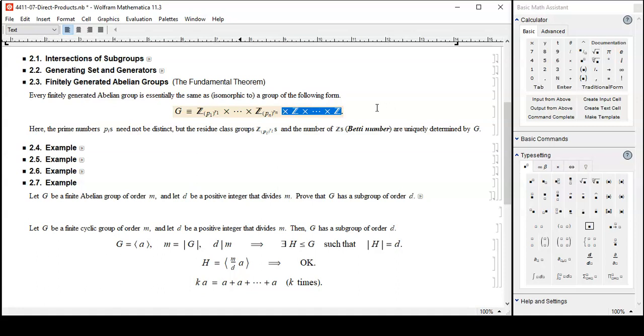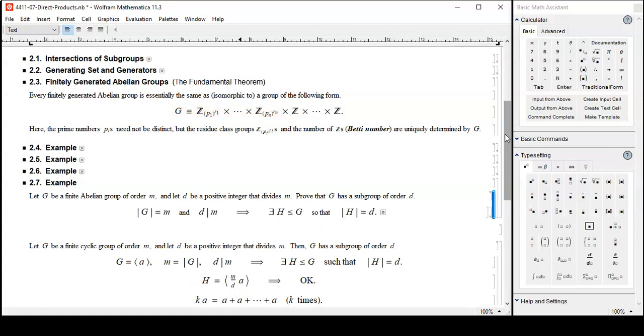And m is going to be the order of the group. So m will be p1 to the r1 power times p2 to the r2 power all the way up to pn to the rn power. So we have a prime factorization of m, and that's going to be a kind of trick that you can use.